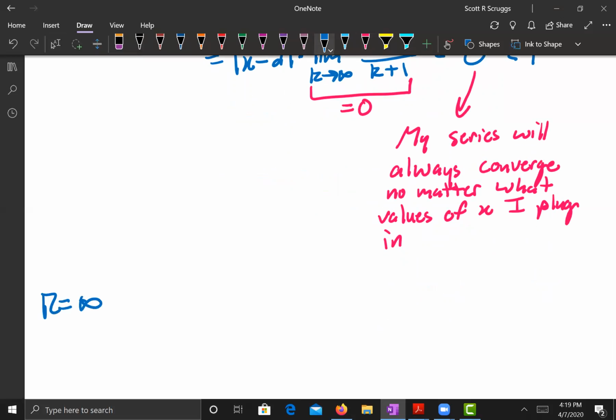And because my radius of convergence is infinity, that means my interval of convergence is any real number that I could think of. All right, and there's that bad boy now taken care of.